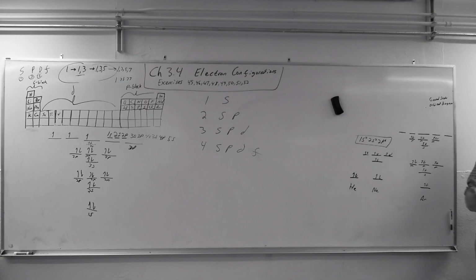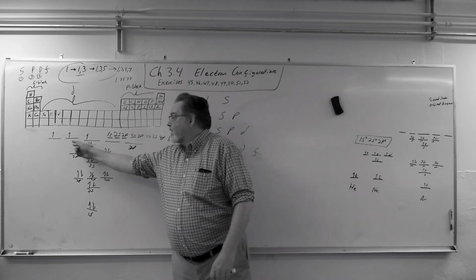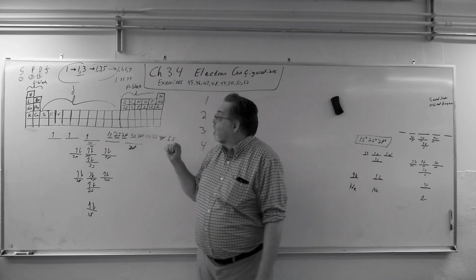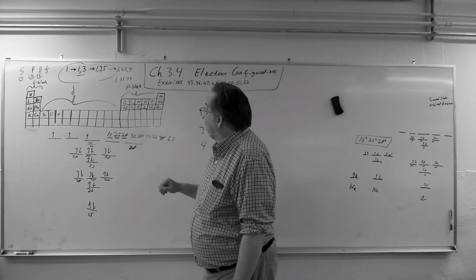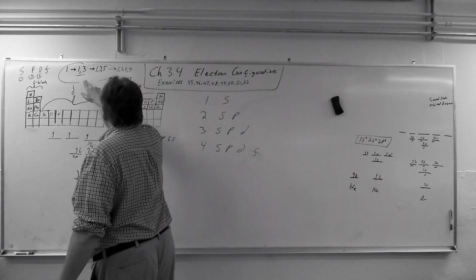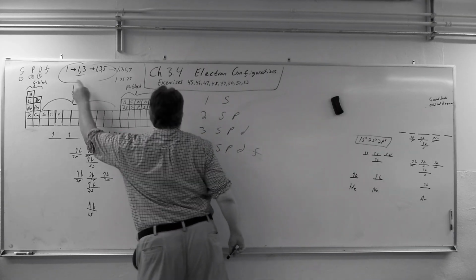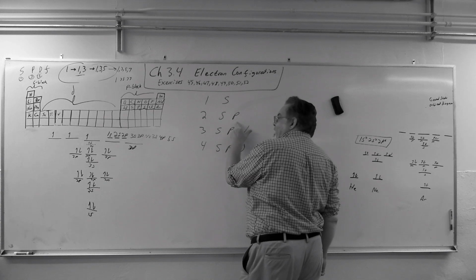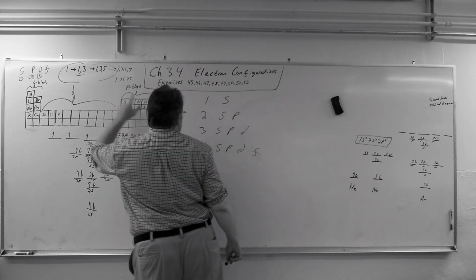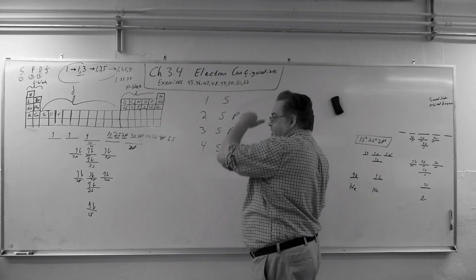So you could get the F orbitals too, which is going to, instead of 5 across, it's 7 across. 1, 3, 5, 7. Yeah, 1, 3. There's 1. There's 1, 3. And then there's 1, 3, 5. And then the 4 is 1, 3, 5, 7.